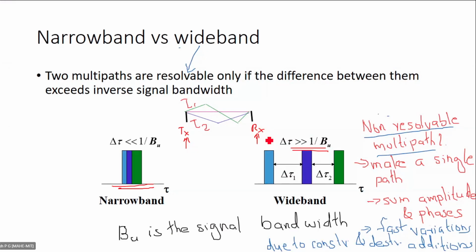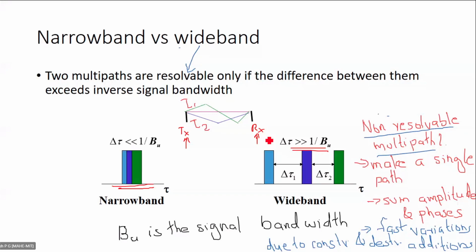There were some limitations, some disadvantages in narrowband channel. Similarly, there will be some issues or advantages in wideband channels also, so we'll be analyzing what is happening in a wideband channel today. Keep in mind that the multipath components are kept apart, and delta tau, that is the spacing between each component, is greater than 1 by B_u, the signal bandwidth.